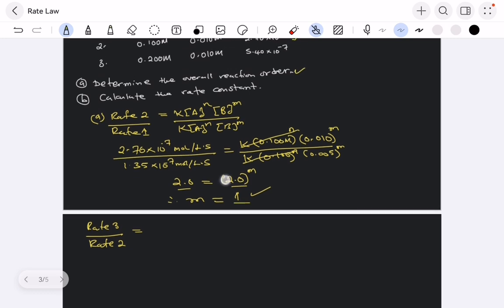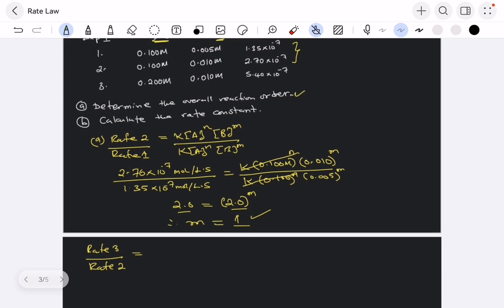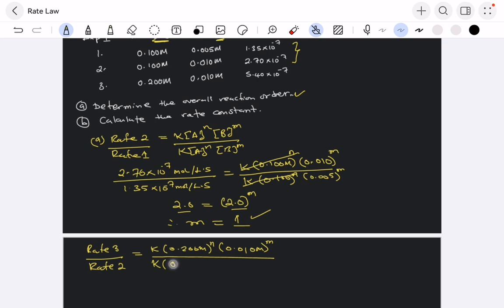So rate 3, if we key in the values, is going to be K, then 0.200 molarity to the n, then 0.010 molarity to the m, divided by, for rate 2, 0.100 to the n, then 0.010 molarity to the m.